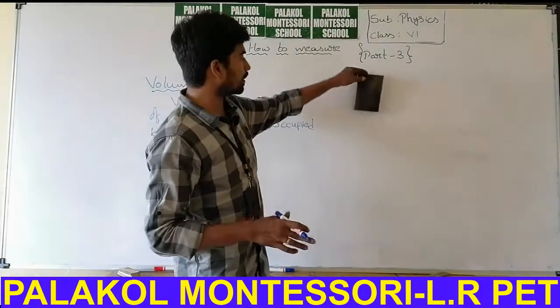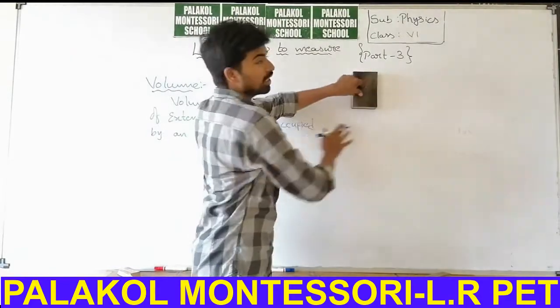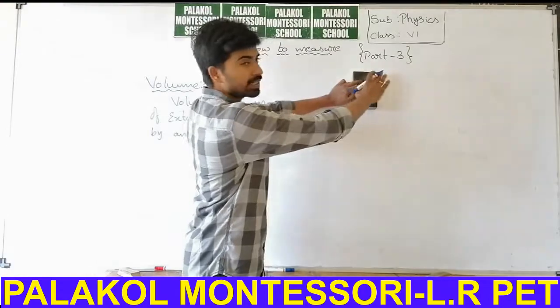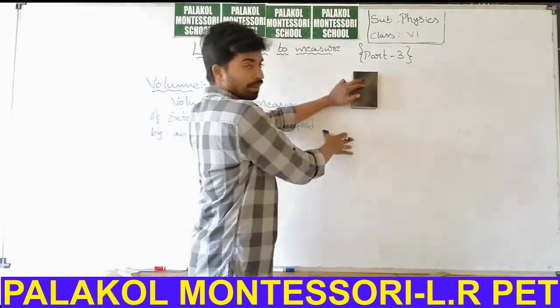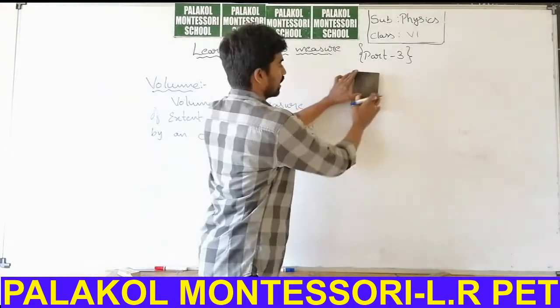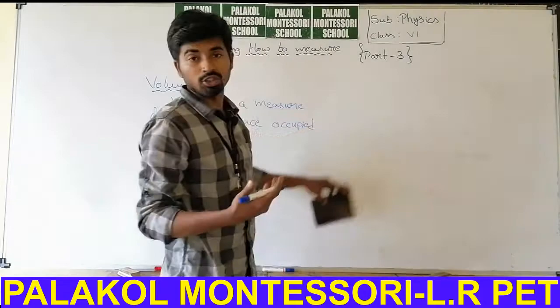If you place the object here, it is occupying some place on this plane surface, and it is also occupying space in this direction. So that is called volume.